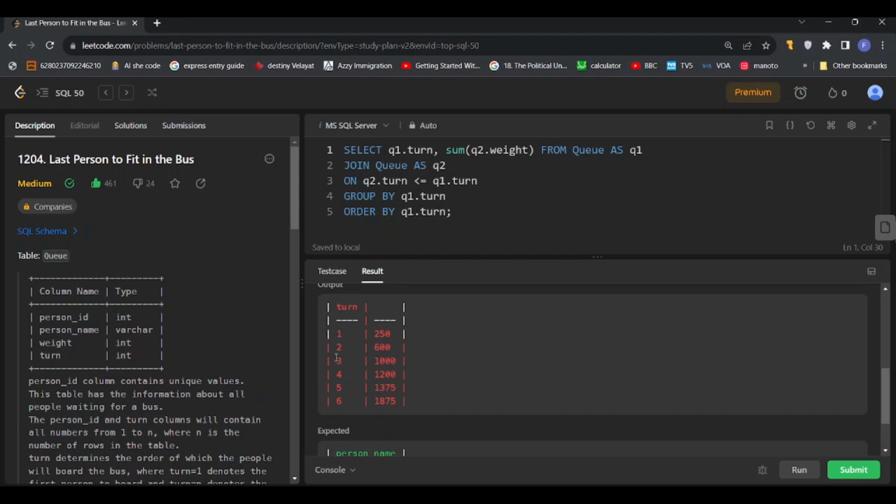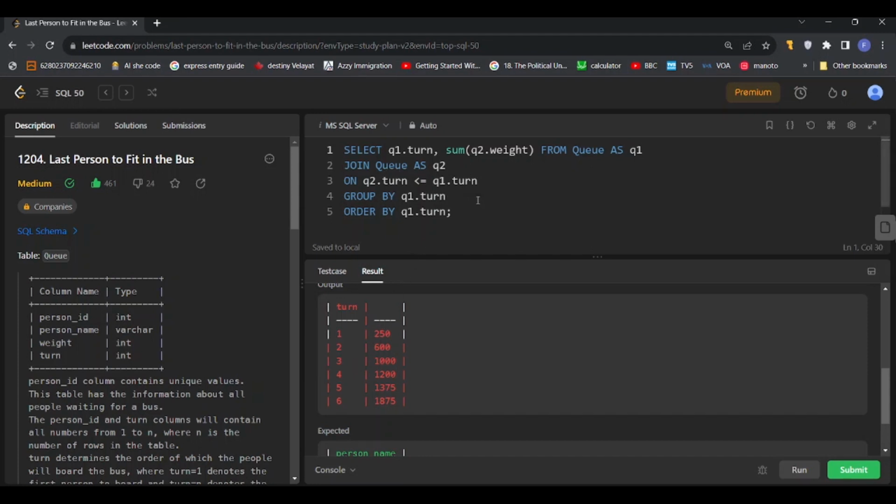Person 1, 2, and 3 together, they weigh 1,000 pounds. So we know that this is our answer. Person number 3 is our answer because the first 3 people have 1,000 kilos, and so the rest of them are not the answer. So let's filter the rest of them. So we need only those people whose weight is under 1,000 kilos.